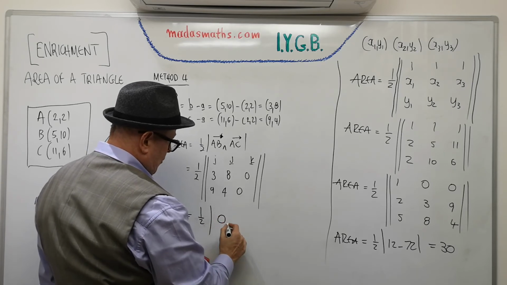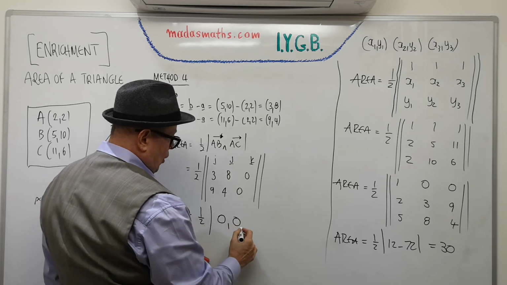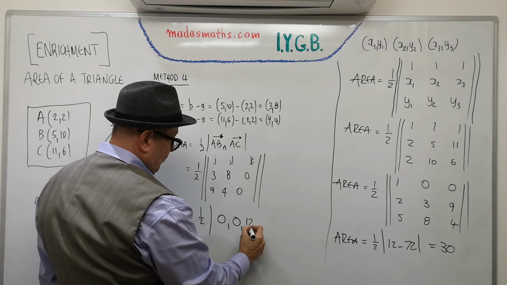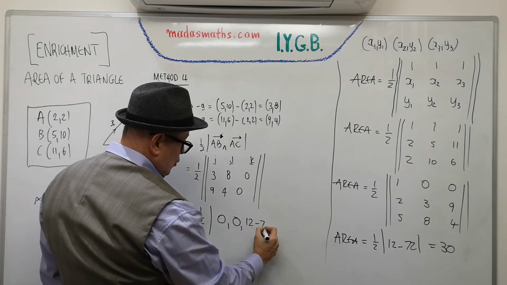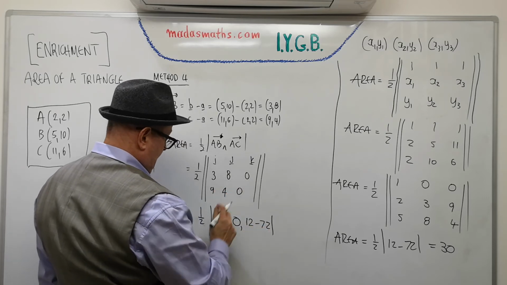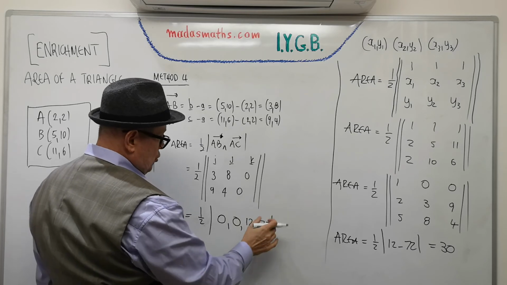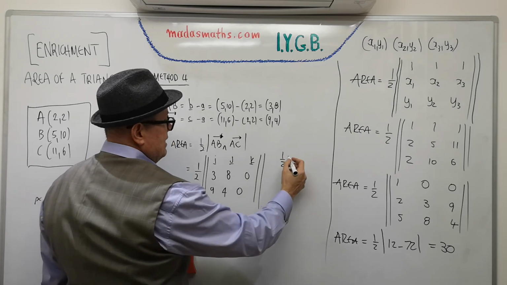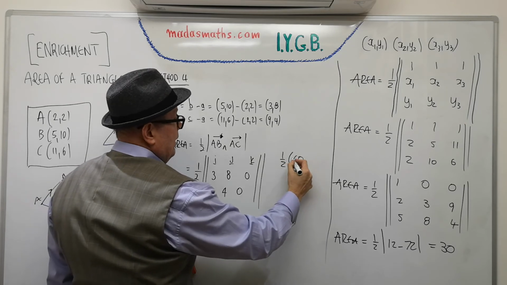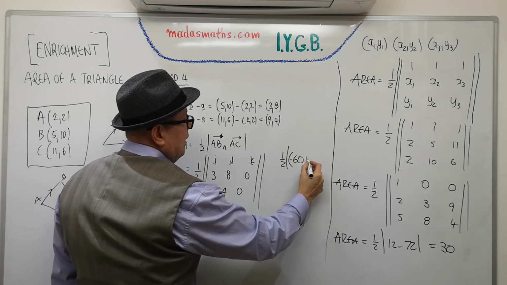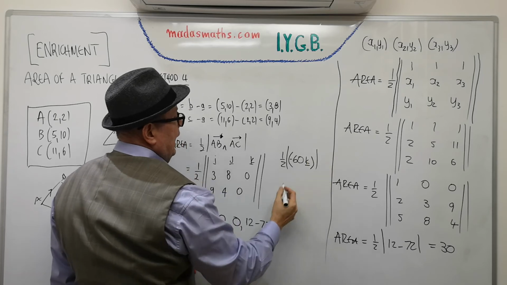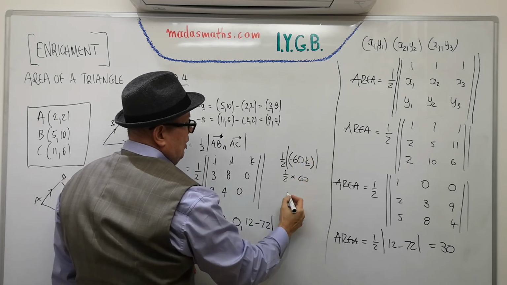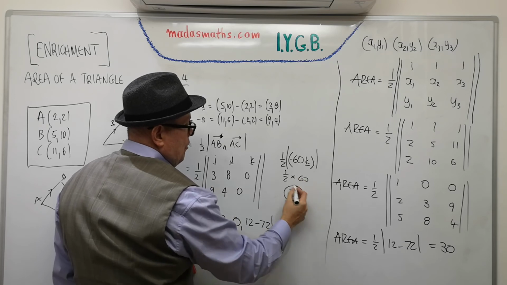So that's 0 for the i component, 0 for the j component, and the k component is 12 minus 72, and this is the modulus of the vector. If you prefer, you can write it as a half of minus 60k. And of course, the modulus of that is 60, and half of 60 is 30 as before.